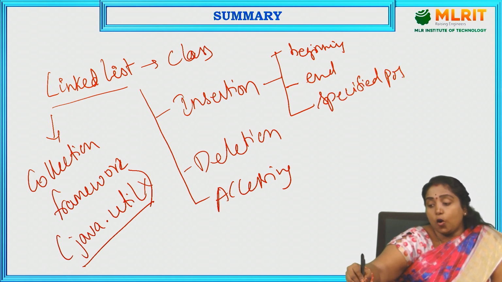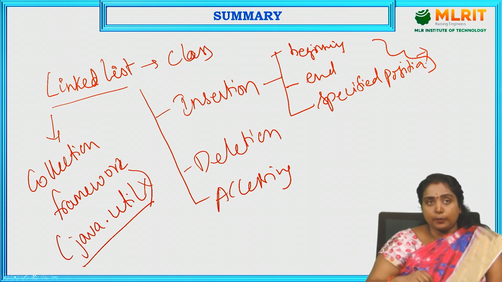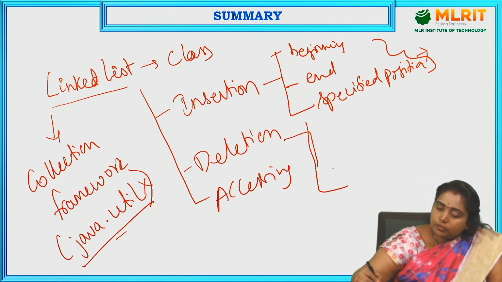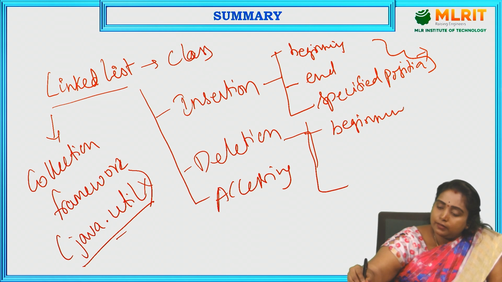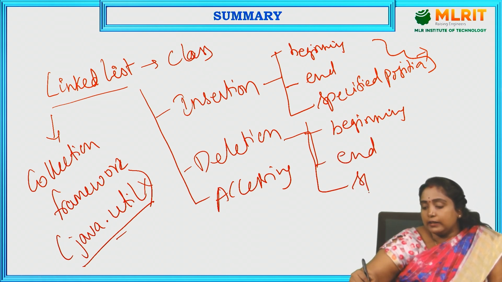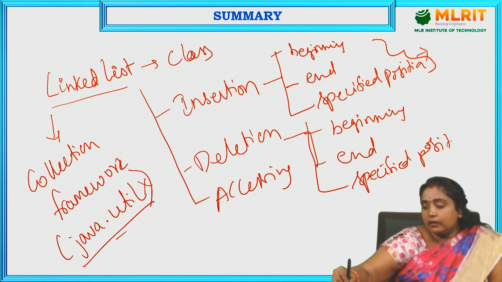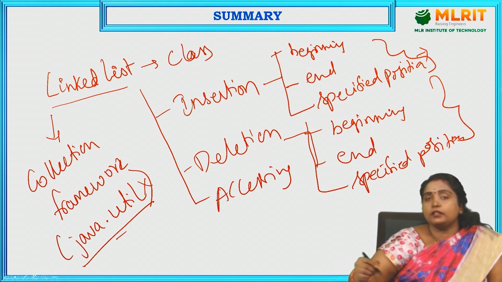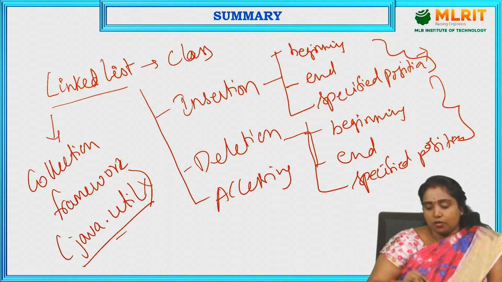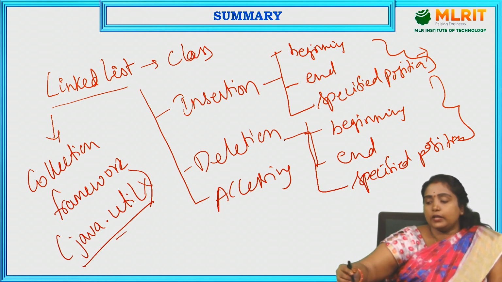For all these operations, we have seen the required methods provided by java.util. And for deletion also, the same: you can delete an element from the beginning of the list, from the end of the list, and from a specified position. The required methods are already built into the linked list class, so you can use them readymade.